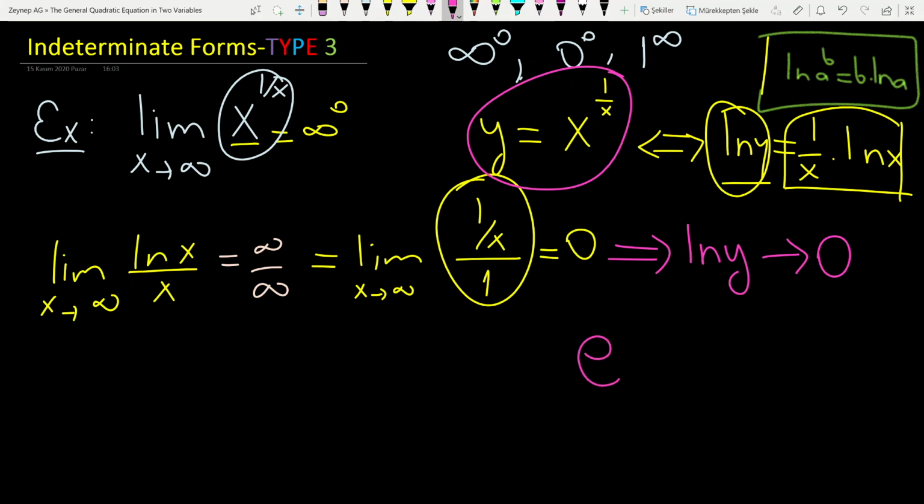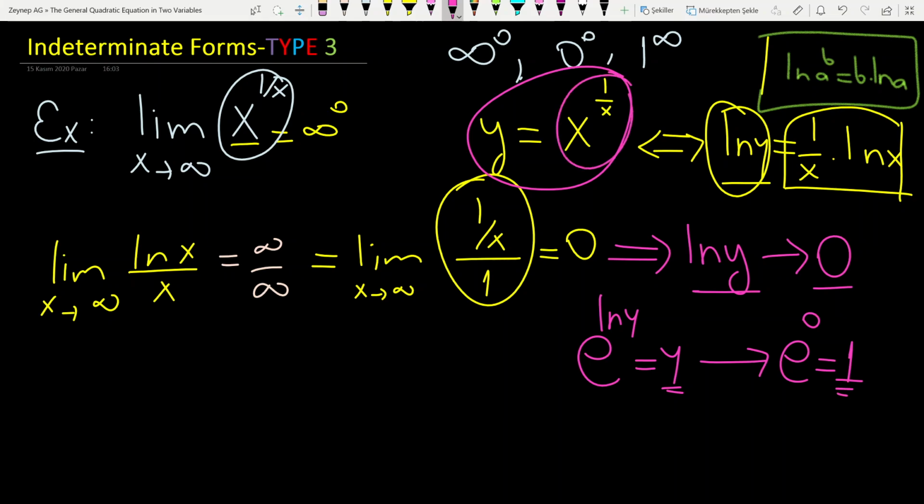E to the power ln y, which is y, goes to e to the power 0, which is 1, right? I take the exponential of each side. Then you have y here, then you have 1 here. Do not forget that the function was y. So the answer is 1.